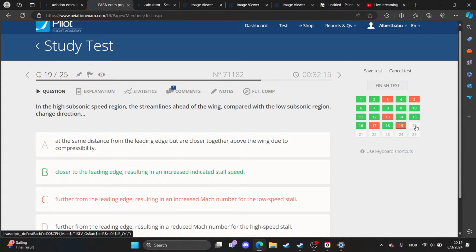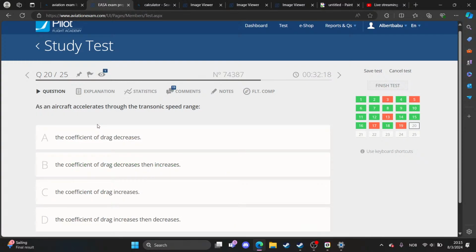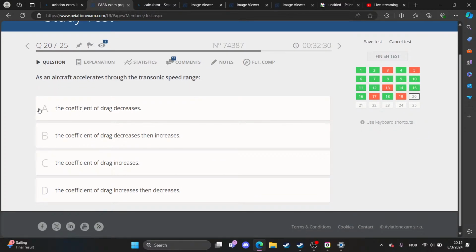Okay, I accept. As an aircraft accelerates through the transonic speed range, the coefficient of drag decreases. No. It increases. I swear to God, the coefficient of drag increases and decreases.